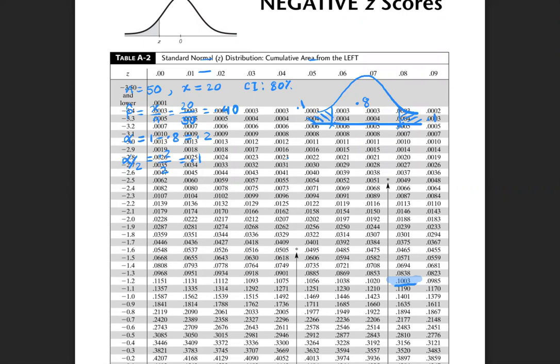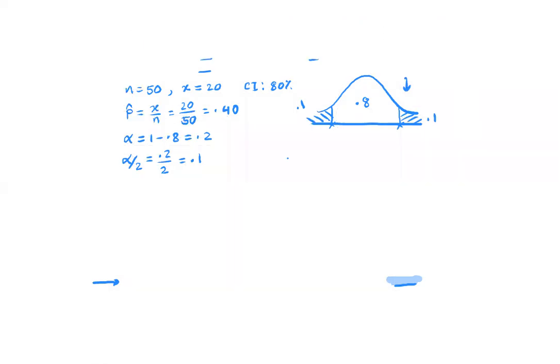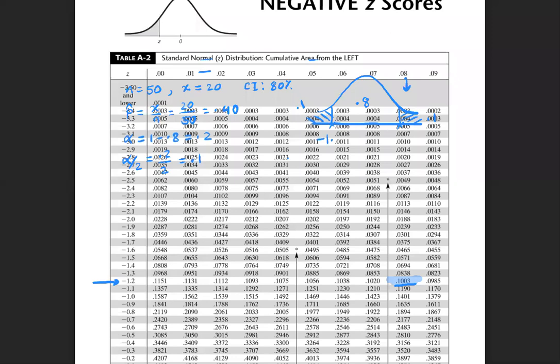So that connects with negative 1.2, and in the column 0.08. So it's going to be negative 1.28. I meant 1.28, it is 1.2 here, negative.